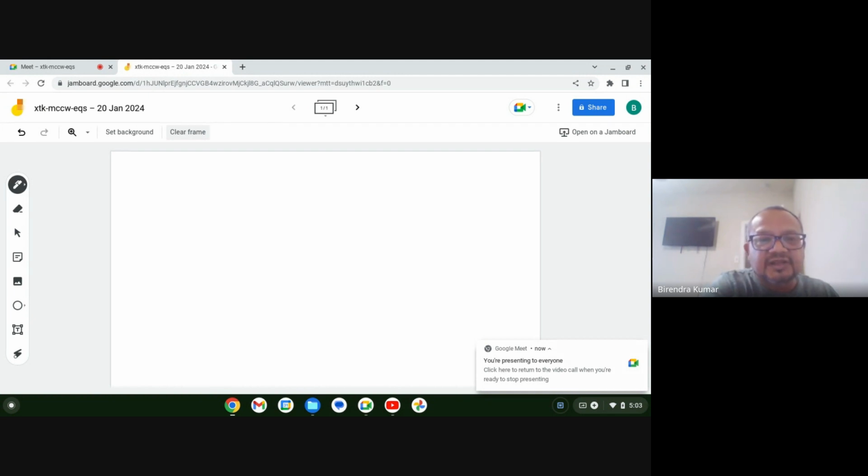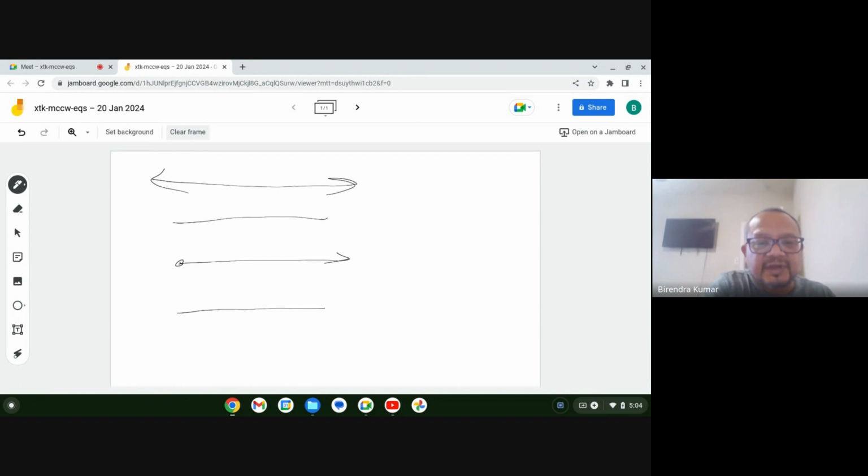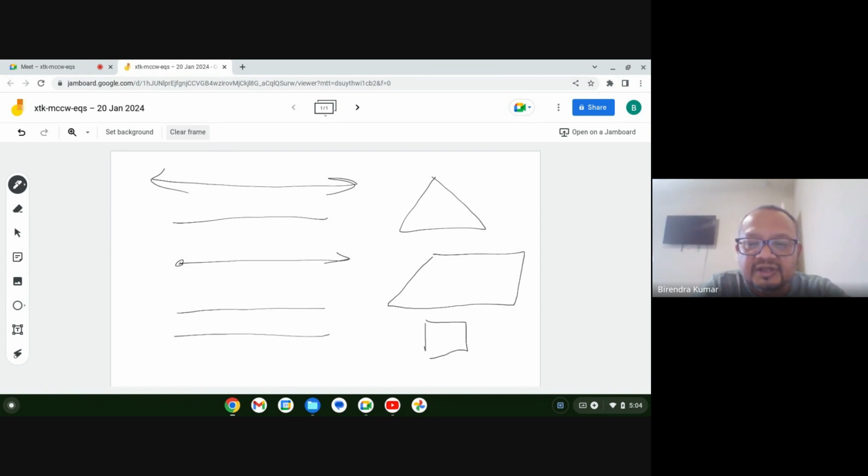So we talked about line, line segment, rays. We talked about parallel lines and their properties. We talked about triangles. We talked about quadrilaterals. Inside quadrilaterals, we learned about rectangle, sorry, this poor guy doesn't look like a rectangle.